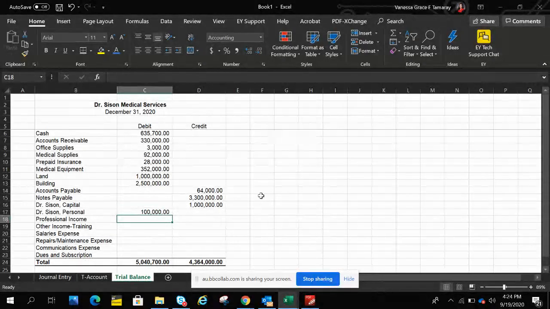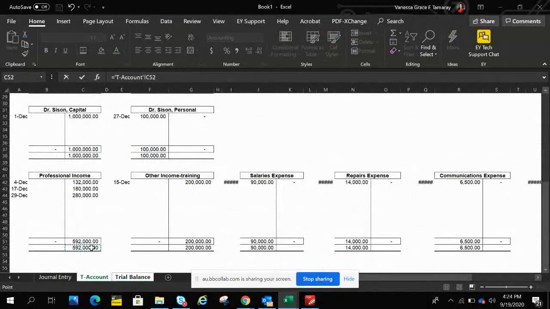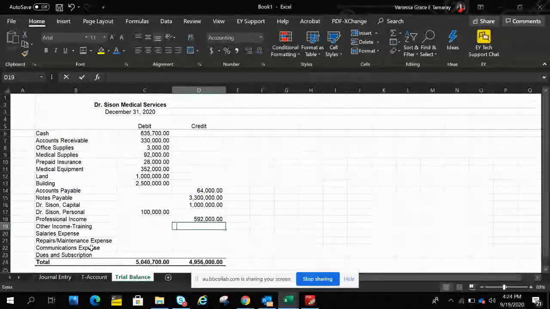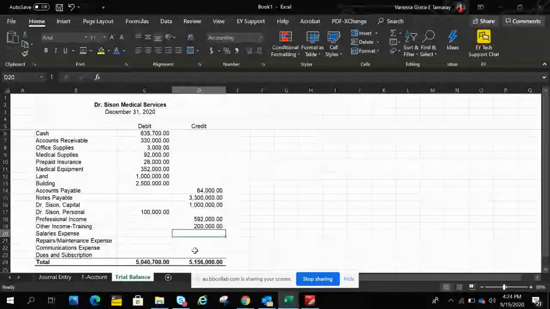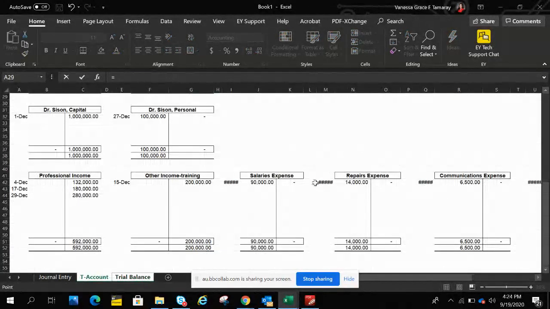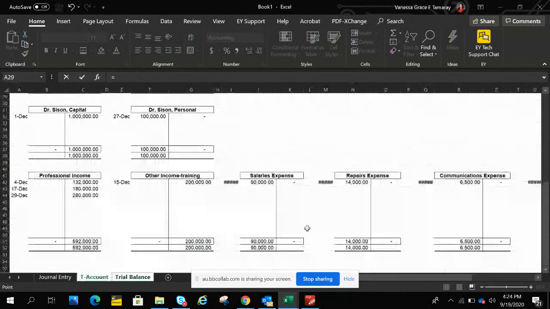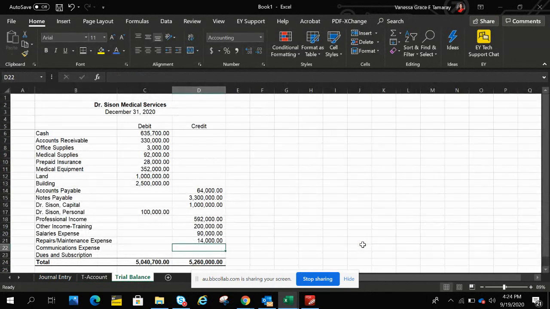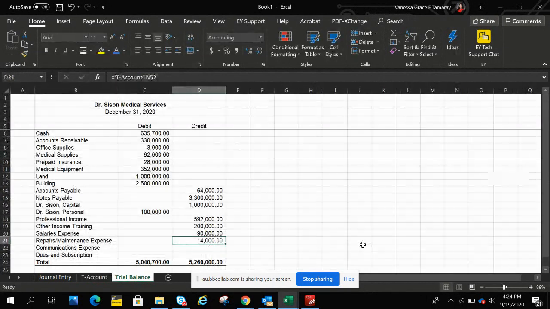About professional income, credit, 592,000. Then, other income, magkano? 100,000. Then, salaries expense, 90,000. Repairs and maintenance, 14,000. Communication, sorry.